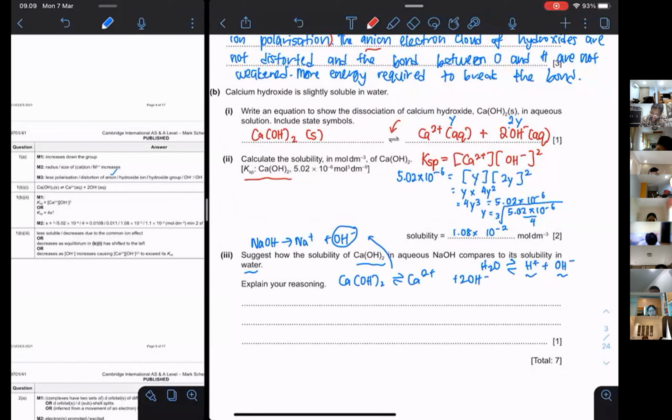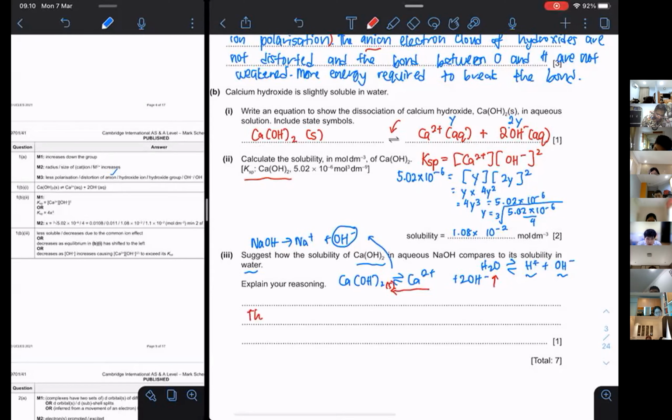So the common ion effect will take place where your concentration of OH minus is more. If your concentration of OH minus is more, what will happen? The position of the equilibrium will be shifted to the left. When the position of the equilibrium shifts to the left, you form more precipitate of calcium hydroxide. So it means that if you put calcium hydroxide in sodium hydroxide, you are not going to have a very good soluble calcium hydroxide.